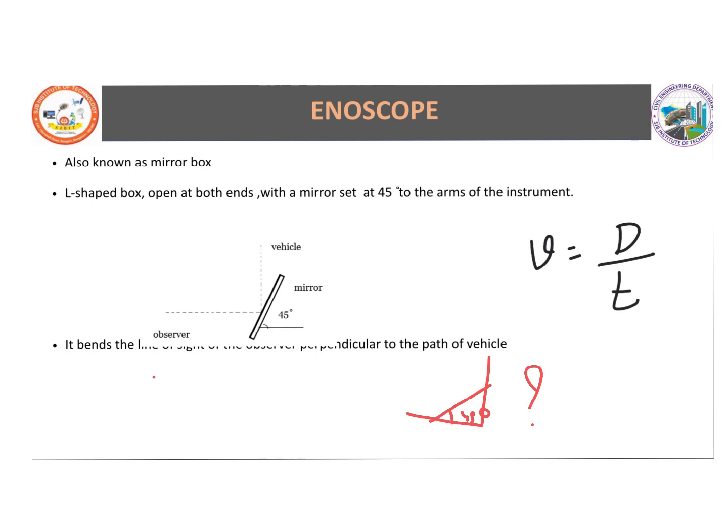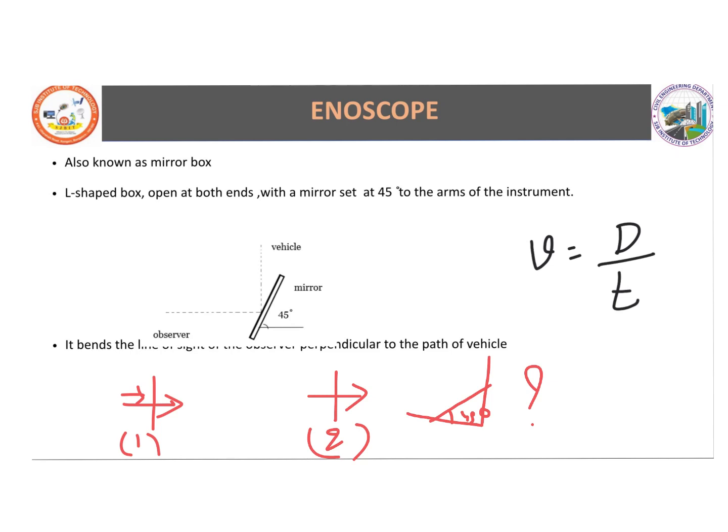Also, when the direct timing procedure is adopted, the judgment of passage of the vehicle at those two reference points can be wrong, because sometimes we wrongly judge that the vehicle has passed the reference point when it has not.